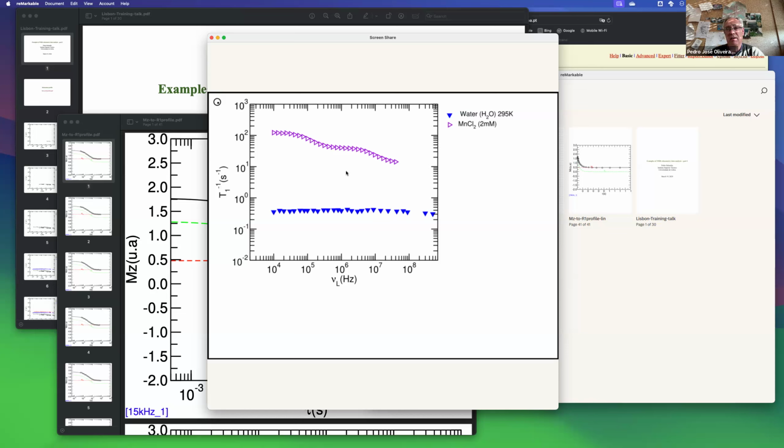Take a typical liquid like water, and put in a little bit of manganese chloride, a paramagnetic ion. Just a small concentration of this paramagnetic ion changes the dispersion profile. Water with a little bit of manganese chloride shows a dispersion profile that, as you see, goes in the region where we previously observed all these interesting dispersions in more complex liquids.